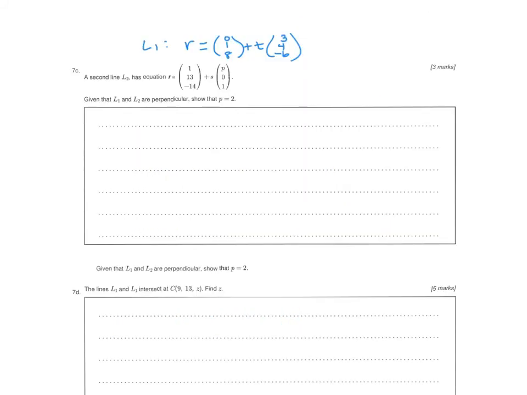So for this one, it now gives us another equation of a different line, and it tells us that we know that they are perpendicular. So show that P equals 2. Anytime two vectors are perpendicular, the dot product of the two vectors will be 0 every single time.